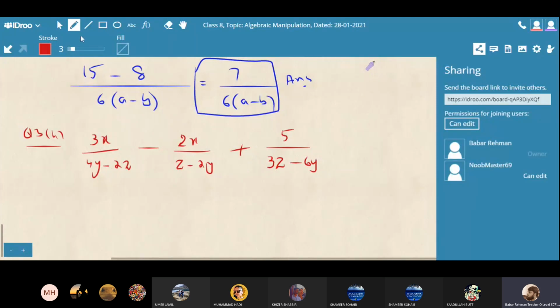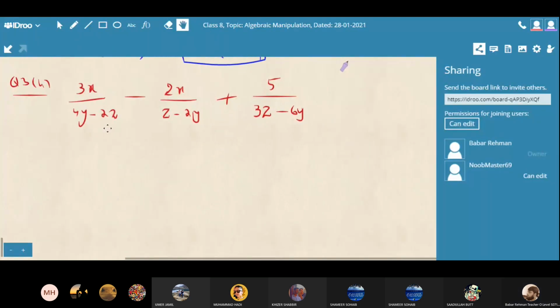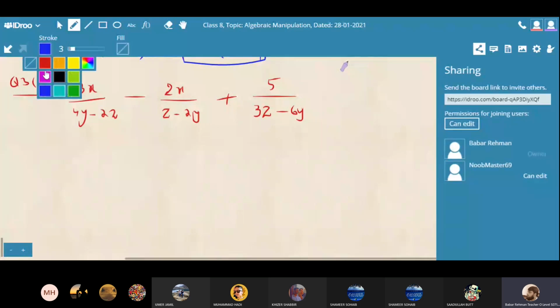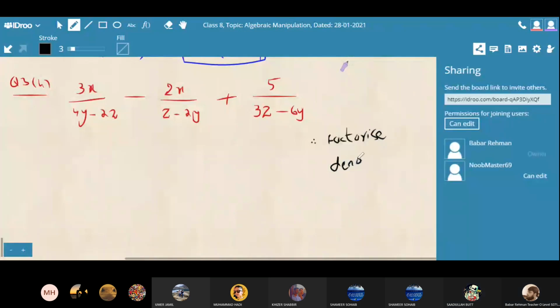So what am I going to do now? By making the same denominator, I told you one concept, that we will factorize the denominator if possible. This is the old point that I have already discussed. Factorize the denominator.